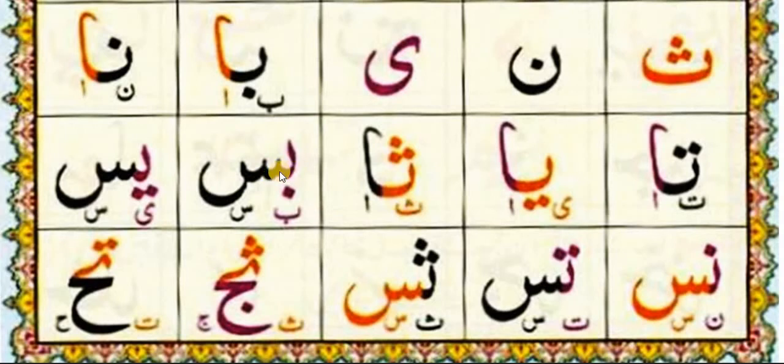Next, ba sin. Here is the short form of ba because it has one dot at the bottom. So we will read ba sin.